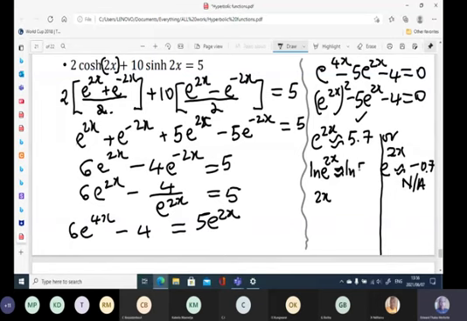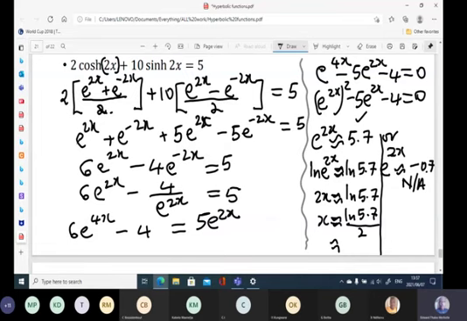So now we can use a calculator. x is equal to ln of 5.7 over 2, which is approximately equal to, let's just use a calculator. To move out, you go to mode and then you press number 1. Now we have ln of 5.7 divided by 2.